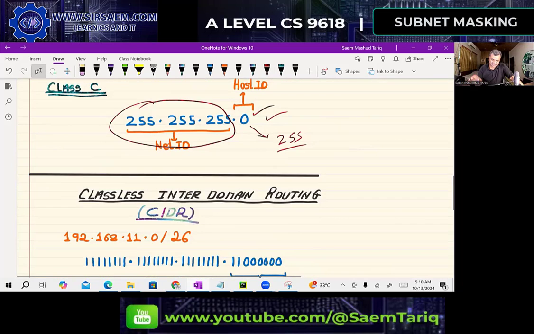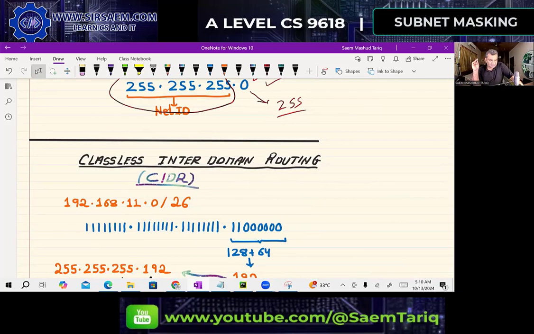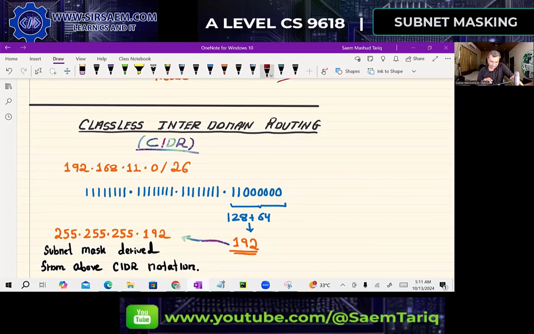The reason we're discussing this is that we have to discuss our next topic, which is classless inter-domain routing. CIDR was very important because if we had some unused addresses, they would be covered by CIDR. We can represent CIDR through this notation.